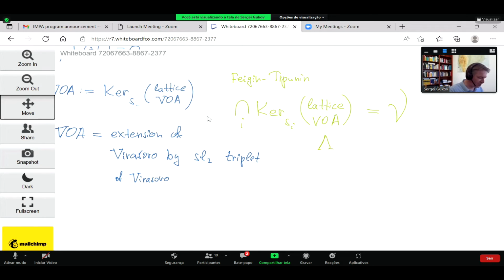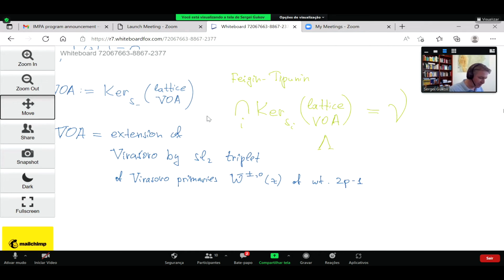So generated by T as above and operators that I'll call W plus, W minus, and W0, which have Virasoro weight 2p minus 1, so it depends on p.